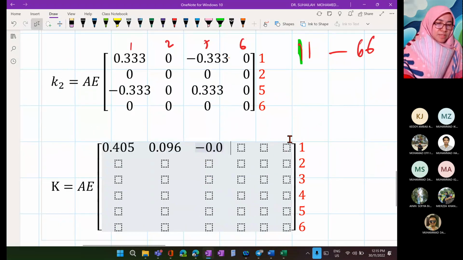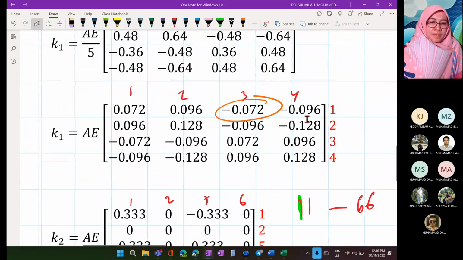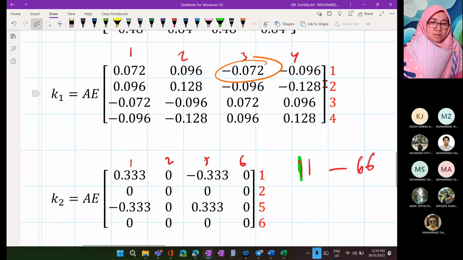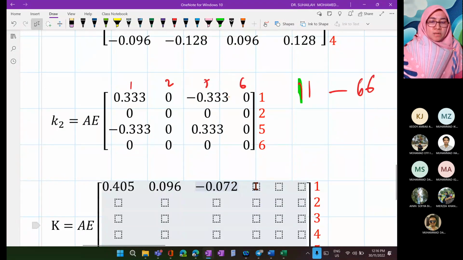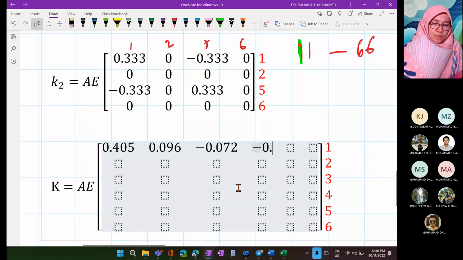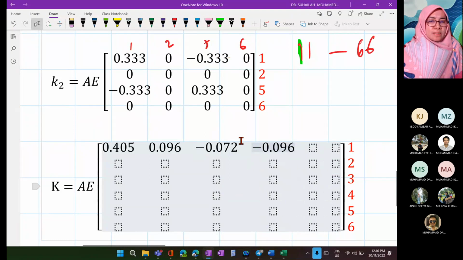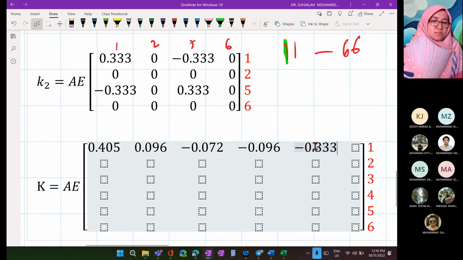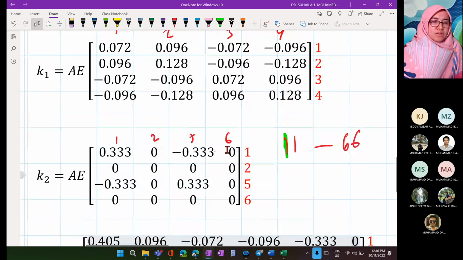Then 1, 4: negative 0.096. Then 1, 5, and 1, 6. Okay, then 2, 2.